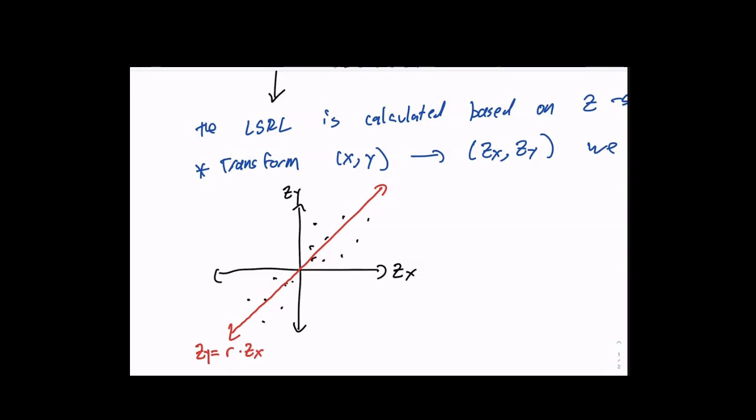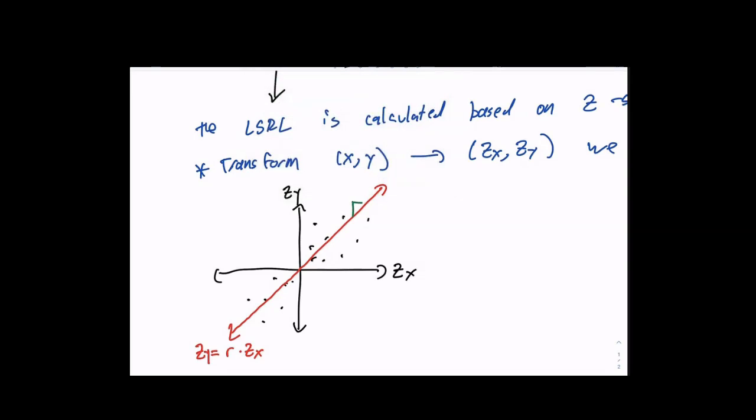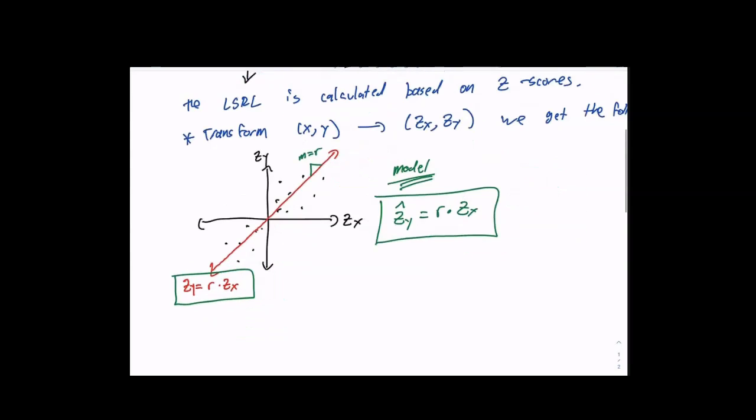So basically the y-intercept is 0, and the slope, if I were to calculate the slope here, it turns out to equal the correlation value, where r is the correlation. As such, in terms of a model, we can predict the z-score for y based on the correlation times the z-score of x. And this is a very important model or equation for us that we're going to use. So what this statement says is the following.